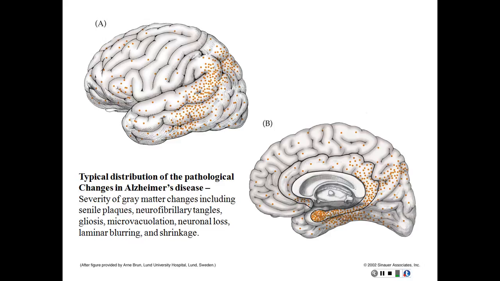This occurs in the form of senile plaques and neurofibrillary tangles. You get gliosis, which is the activation of glial cells, neuronal loss, shrinkage, etc. And so the cerebral hemispheres are profoundly affected in Alzheimer's disease.